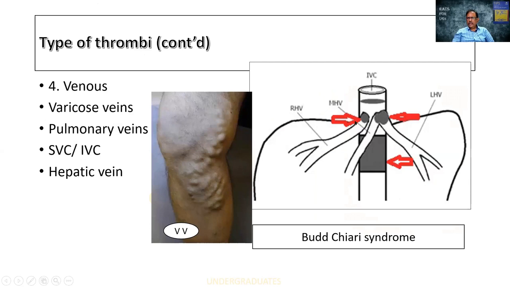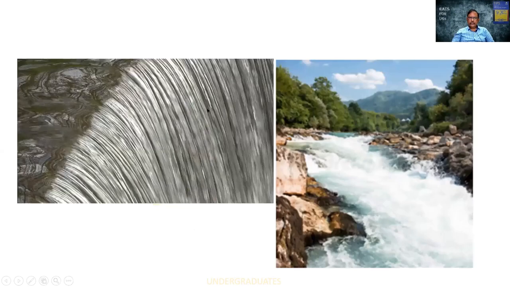These are the hepatic veins, and they are all draining into the inferior vena cava, wherein there are multiple thrombi being formed, which is classical of Budd-Chiari syndrome in the liver. This is the varicose vein. I hope you will be able to explain all these things.